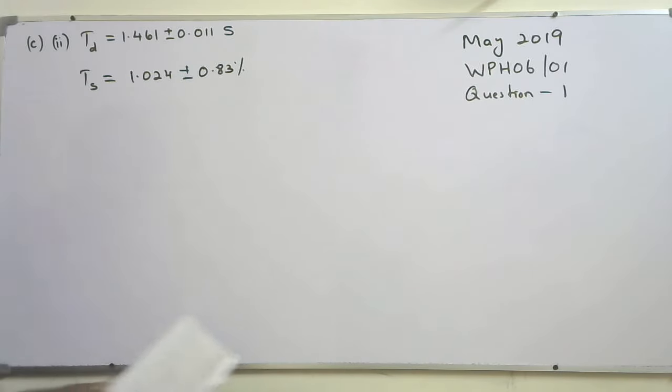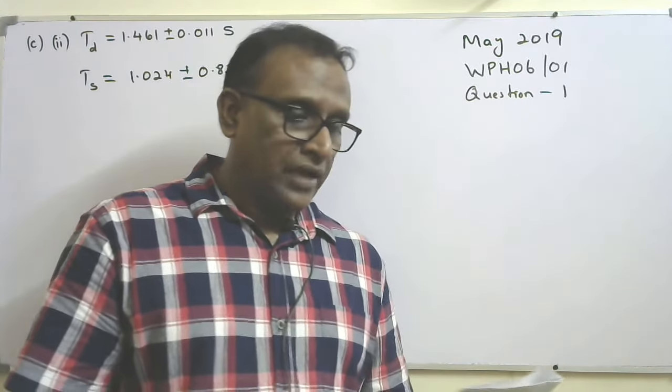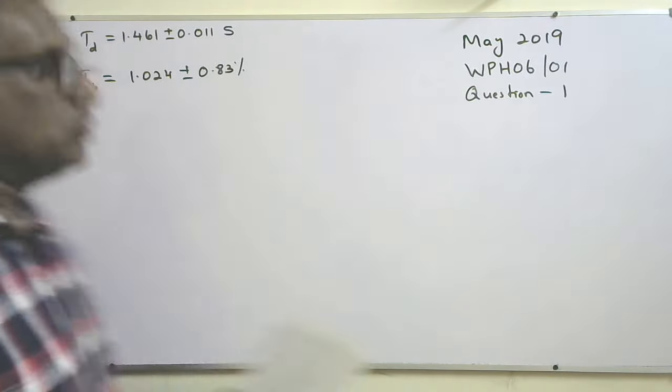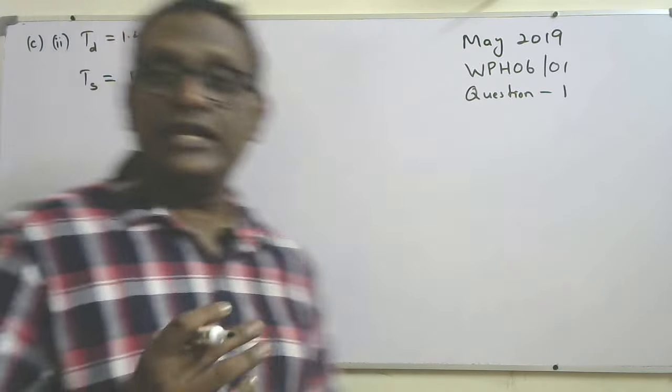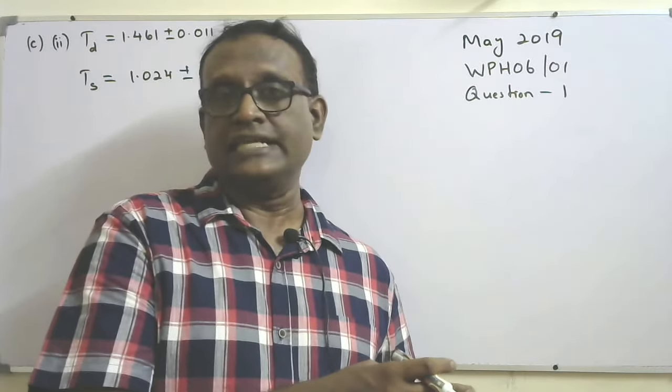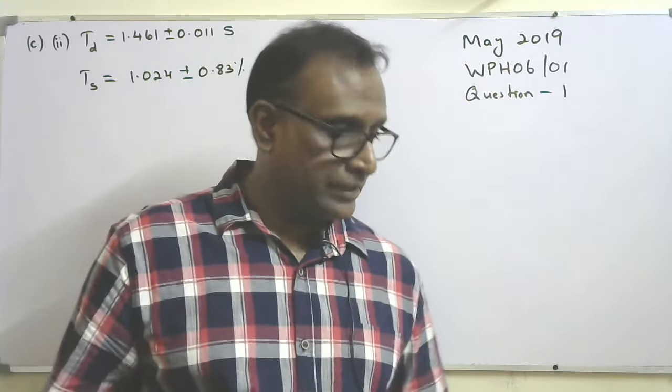Okay, so we need to find the uncertainty there. Right, so we need to conclude whether these values tally with the theoretical value. Will these experimental values give the theoretical value, that is Td squared over Ts squared is 2? Will it be given through the experimental values?